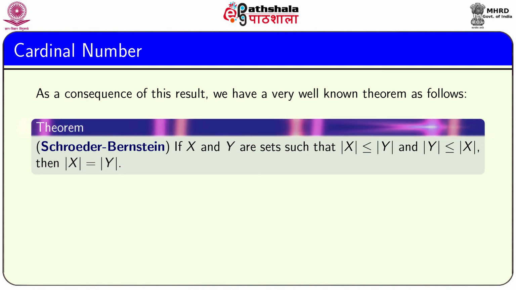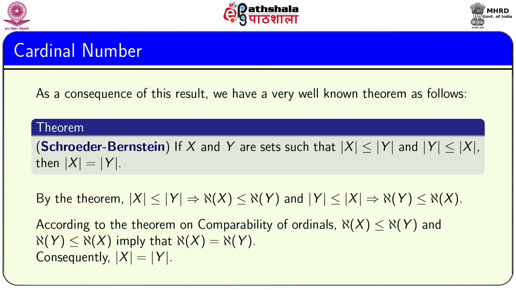It says that if X and Y are sets such that mod X is less than or equal to mod Y and mod Y is less than or equal to mod X, then mod X should be equal to mod Y. That means, if there exists an injection from X to Y and an injection from Y to X, then we must have that the given two sets X and Y are equipotent.